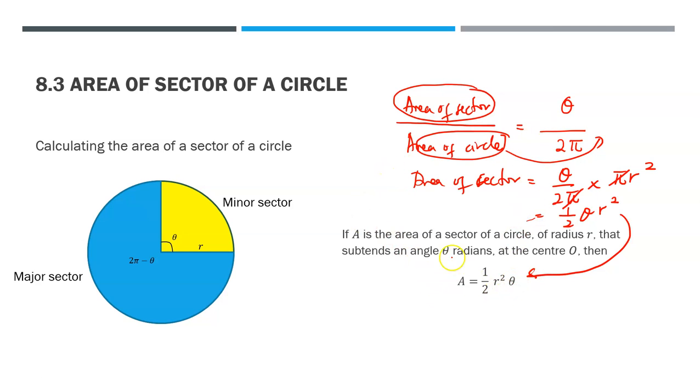So make sure your theta is in radian. So this is the formula. Area of sector is 1 over 2 r square theta. Previously, length of arc is S equals r theta. These two formulas you have to memorize.